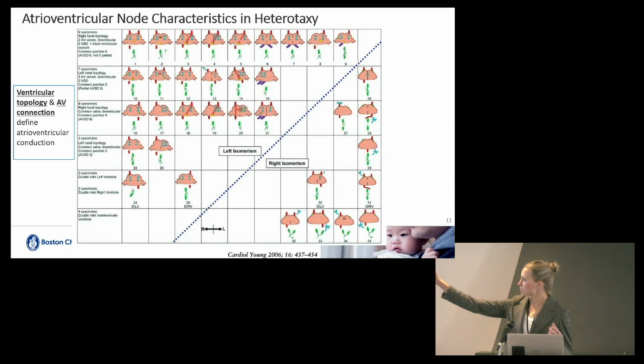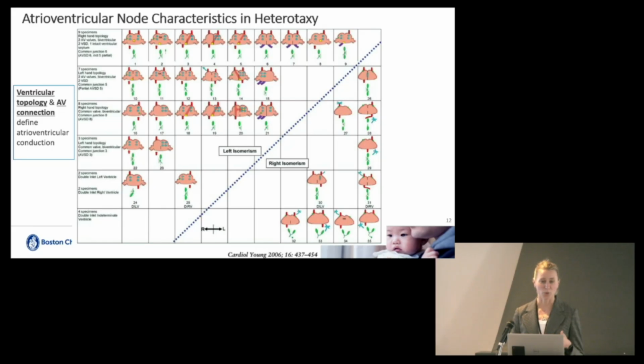The diagram of the atria and the venous connections is at the top in pink, and the green is the various AV nodal patterns below. The circles are the compact nodes, and then there are different branches. So the one is the right bundle, and then the fan that you see.